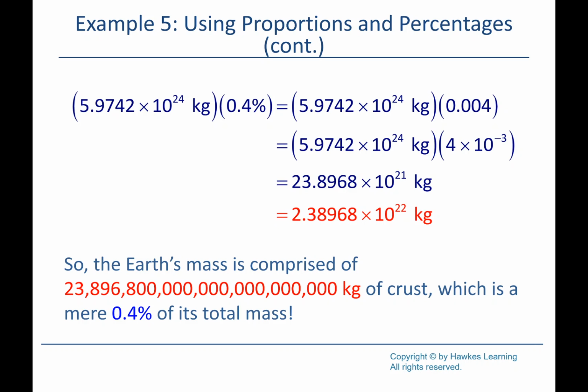Okay, 6. And so it's about 23 sextillion, 896 quintillion, 800 quadrillion kilograms. A lot. It's just a mind-blowing number. So, questions on that one? You're not going to have to do it with scientific notation or anything. It's just one for us to look at.